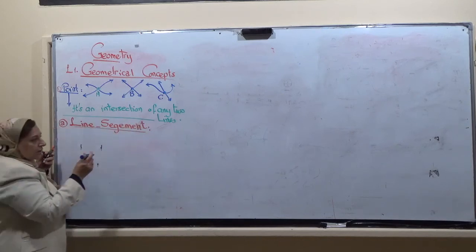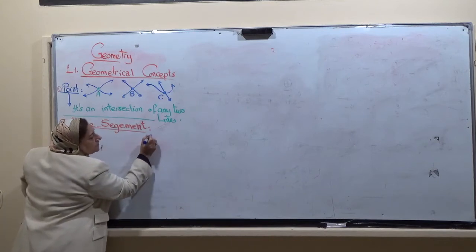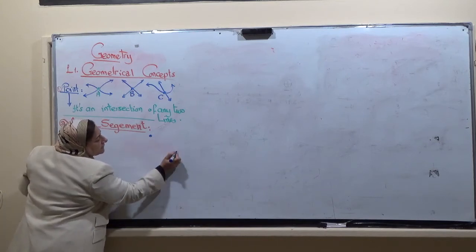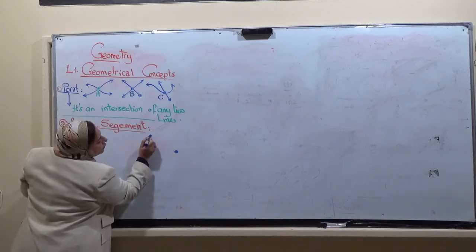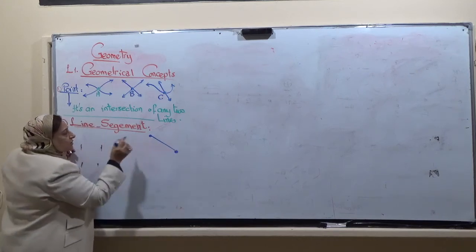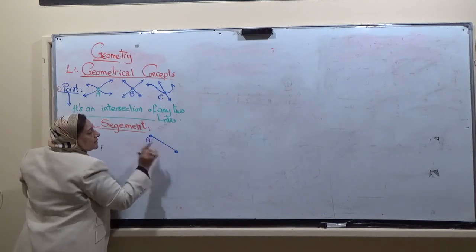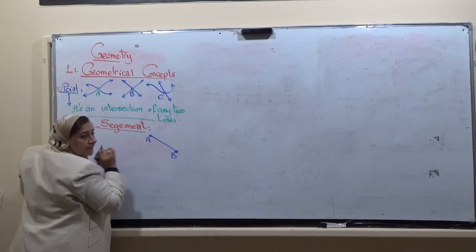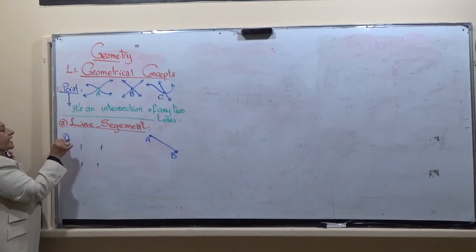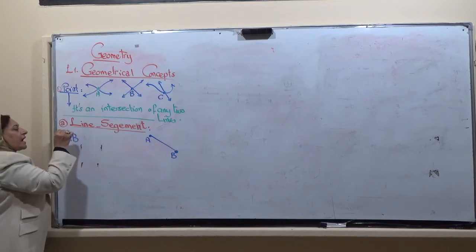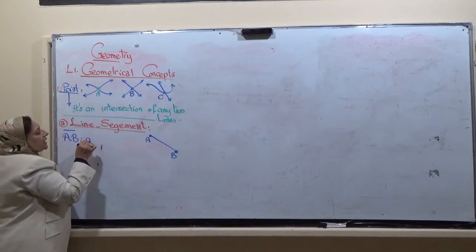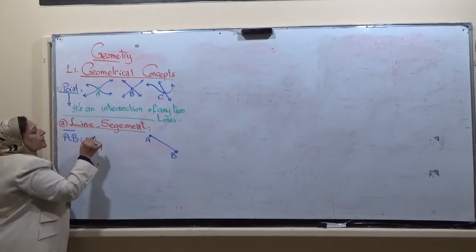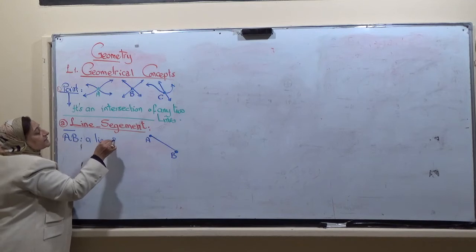Look, if you have an initial point and a final point, and we join them with a straight line using a ruler, so the initial point is A, the final point is B, so we say AB line segment is called a straight segment or a line segment.